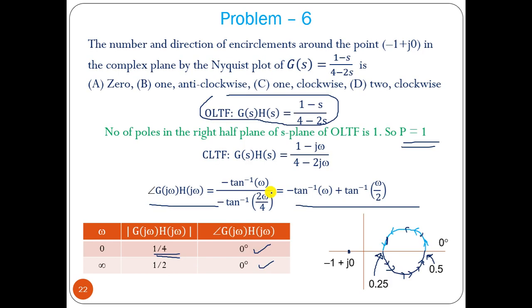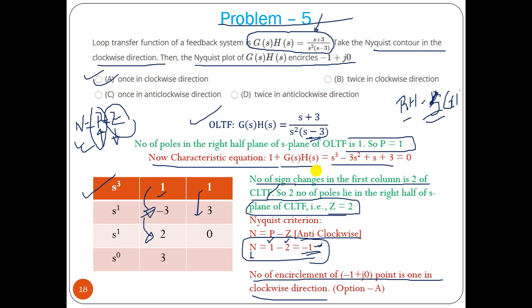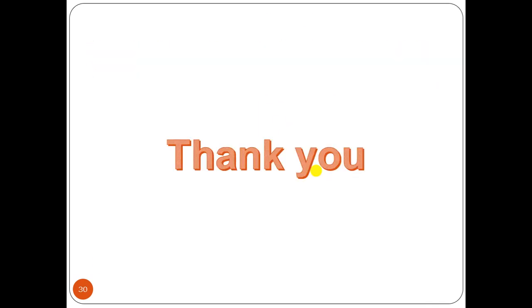Then if we know the open loop transfer function and have to find the encirclement, we don't have to draw the Nyquist plot, we can do it directly. P we can find from the open loop; find the characteristic equation 1 plus G(s)H(s) equal to 0. From that apply the Routh criterion, you can find the Z value, then you can find the encirclement equal to P minus Z. So this is another type of problem, and if the open loop transfer function is given, it is very easy to solve.